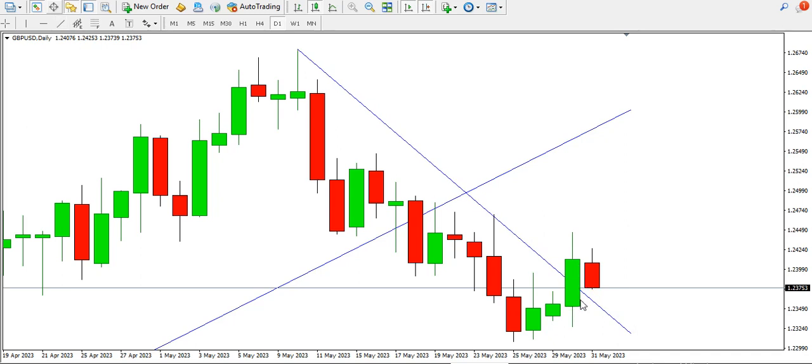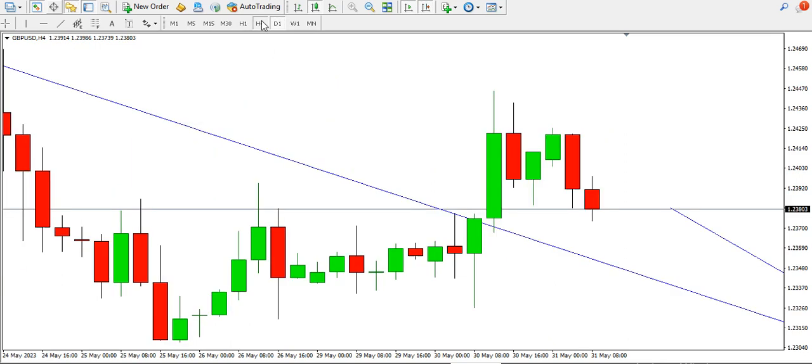What we have today is more like a retracement of yesterday's daily candlestick, and this retracement might likely turn to a reversal if price drops below yesterday's low. If price drops below yesterday's low, we might be looking at a reversal and the continuation of this particular bearish trend.